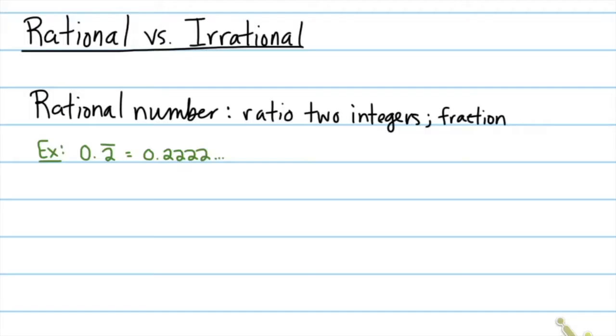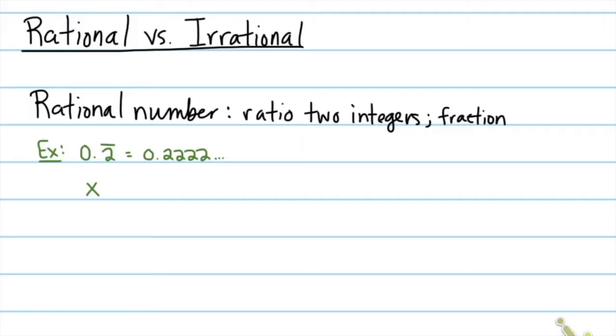And what I want to see is, why is it that this decimal never stops, but I can still write it as a fraction? Well, there's a little bit of math magic that you can work here. It requires a little bit of algebra and a little bit of computation. So bear with me. I want to know what the fraction form, the rational form, the ratio form of 0.2 repeating is.